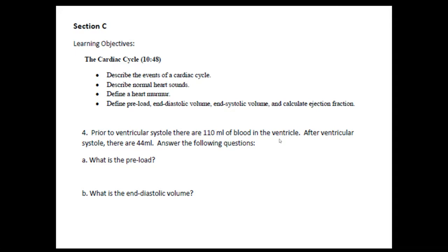So two questions. What is the preload? And what is the end diastolic volume? Okay? I'll give you a second to come up with those answers, and then we'll go over them.